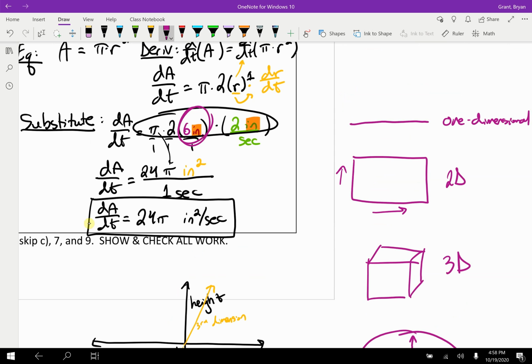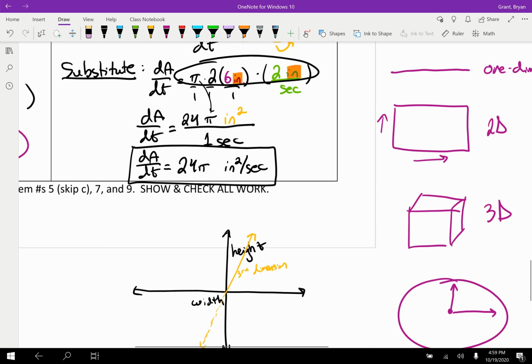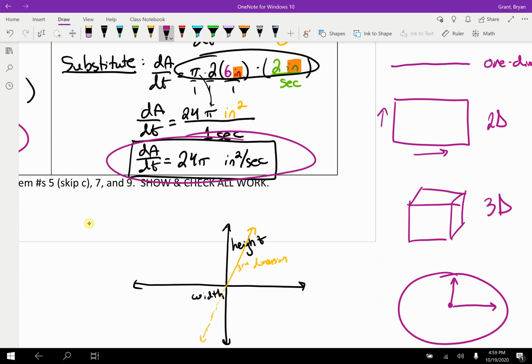Whenever you multiply two different, or even the same, one-dimensional quantities, it increases the dimensionality. So one-dimensional times one-dimensional gave us two dimensions. Okay, and so we get a two-dimensional rate of change.